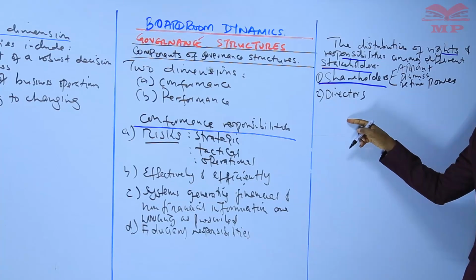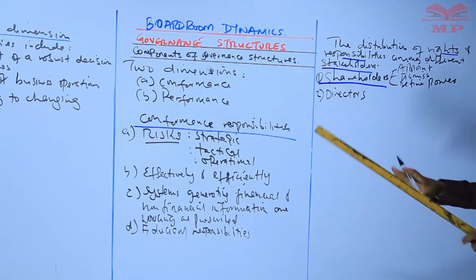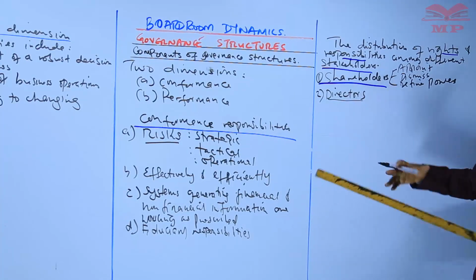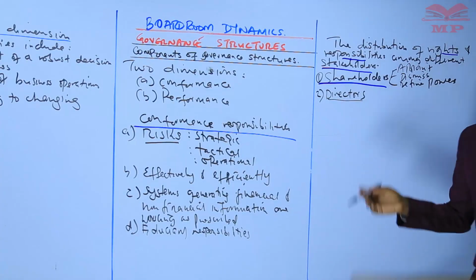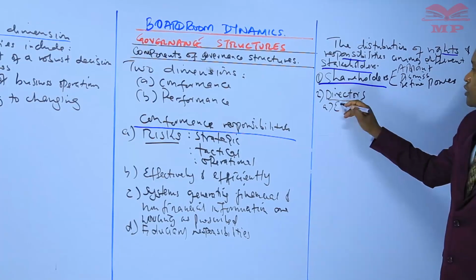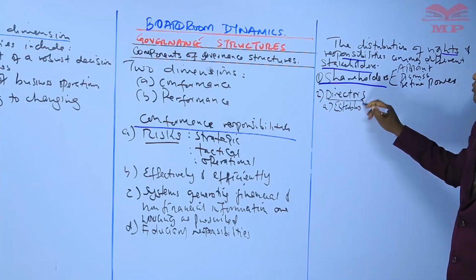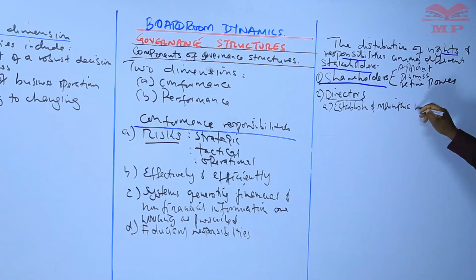And notwithstanding the possibility for shareholders to limit the power of the board, its broad responsibilities include establishing and maintaining the company's vision and mission.